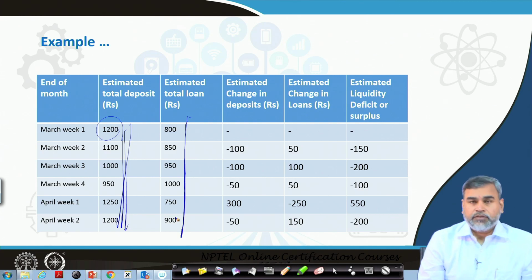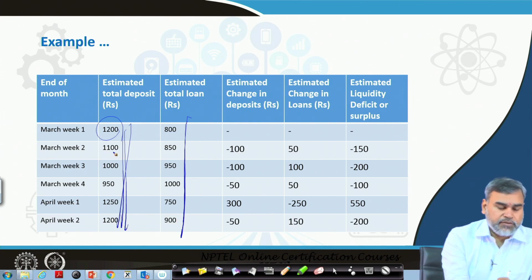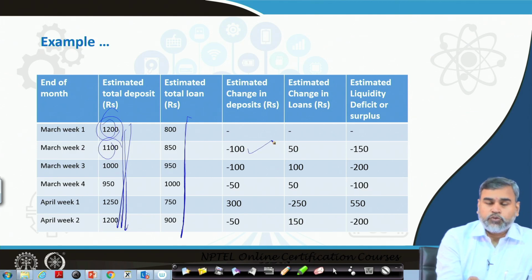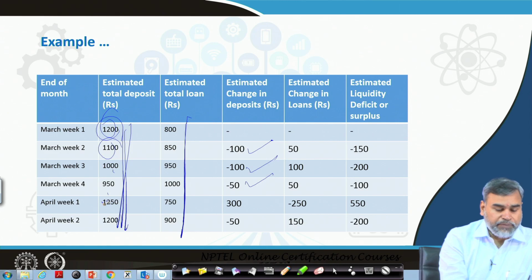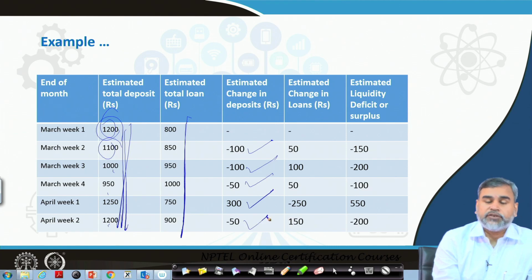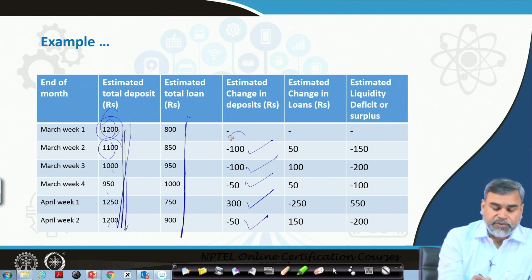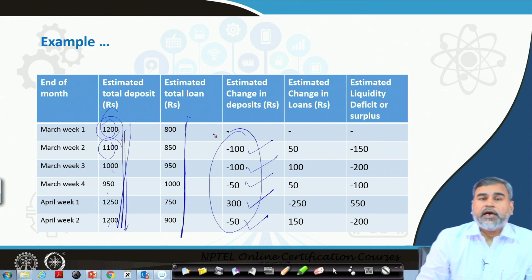So, the estimated change in the deposits means week 2 minus week 1: 1000 minus 1100 is minus 100, 950 minus 1000 is minus 50, 1250 minus 950 is 300, 1200 minus 1250 is minus 50. So, these are the estimated changes in the deposits across the weeks.